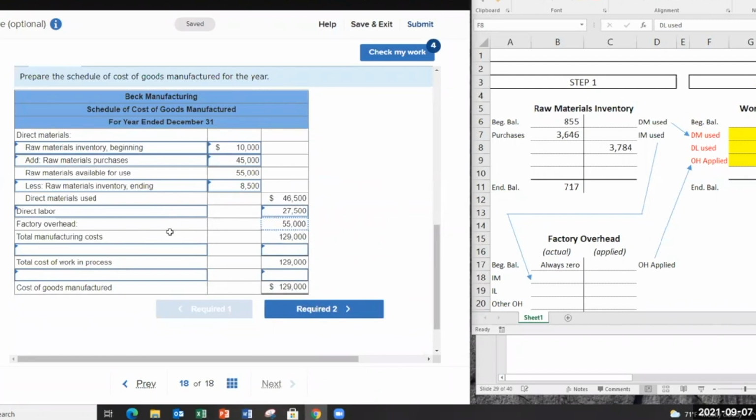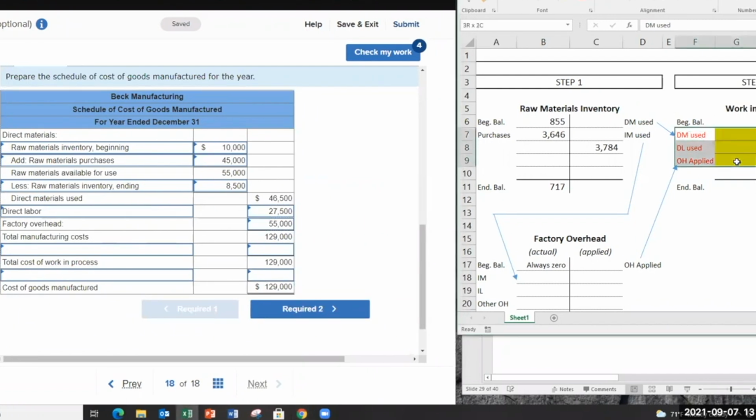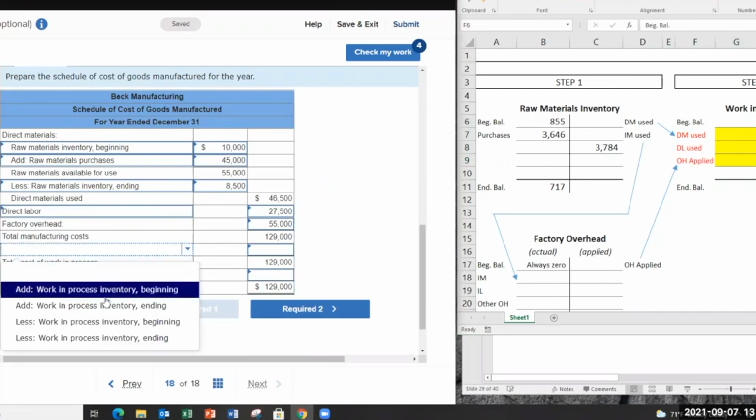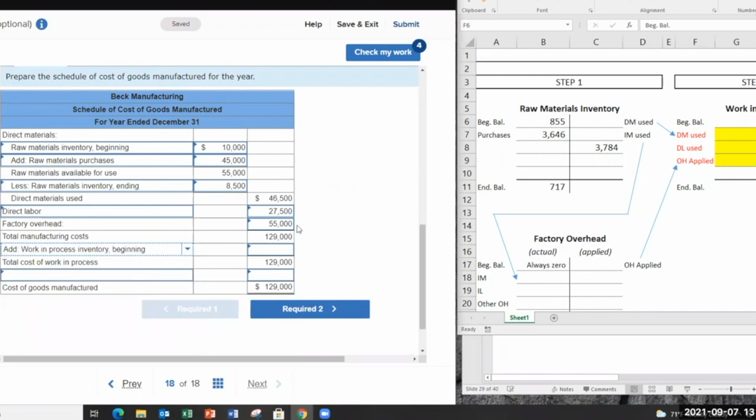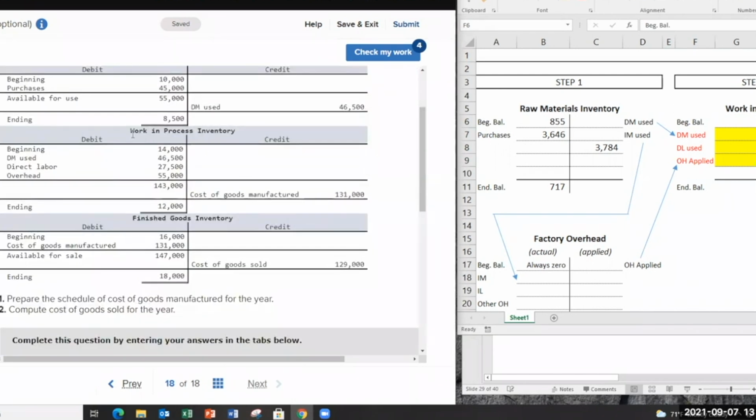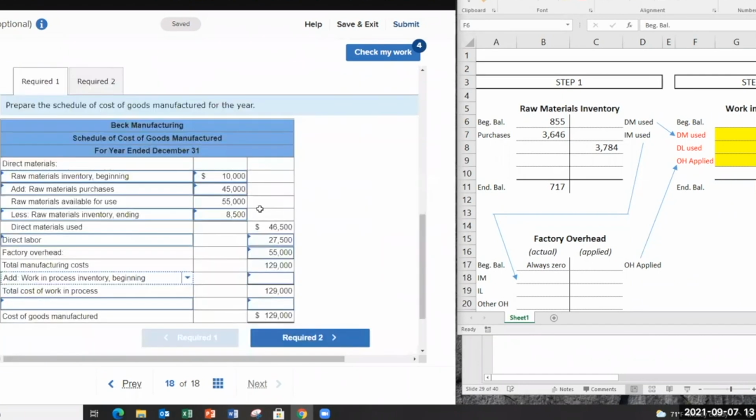All right. These three things are my total manufacturing cost. Then we're going to add our beginning work in process, because that's what it says. Add work in process beginning. And of course, I can go to my T accounts, work in process, and pull my beginning balance, which is given to us, 14,000.